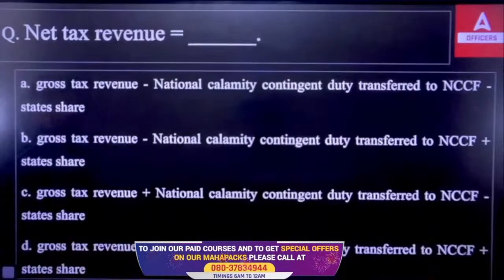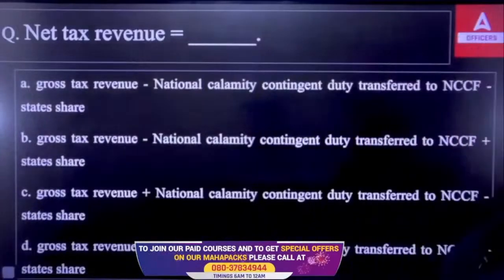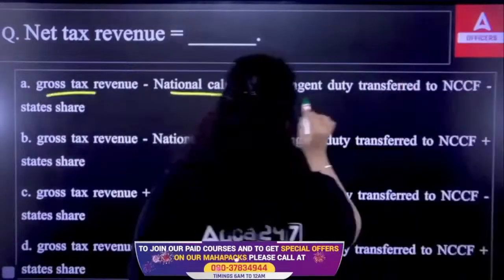Okay. So which of the following is correct in the case of net tax revenue? We are calculating tax revenue here. It is whatever the gross tax revenue was, minus the national calamity contingent duty transfer to NCCF, minus the state share. So this is the right option. The first option is correct here.